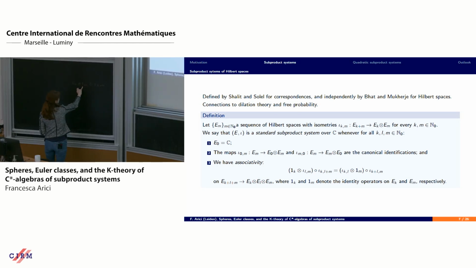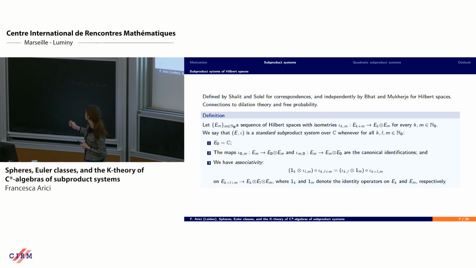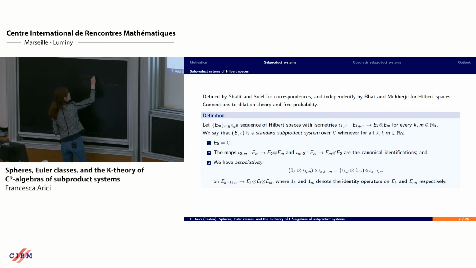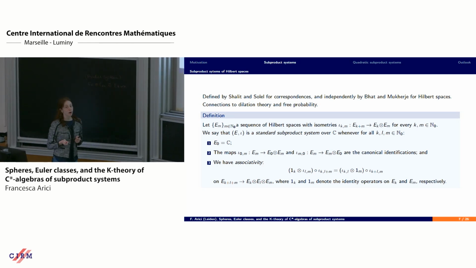When you tensor E_k and E_m, it's on the nose equal to E_{k+m}. This is a product system. More on this maybe later. Think k-graph algebras if you want. And with a subproduct system, E_{k+m} is only embedded into E_k tensor E_m through the isometry.